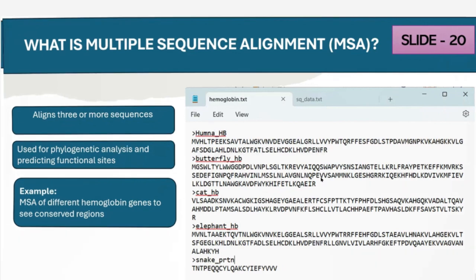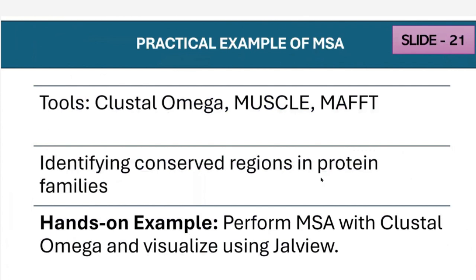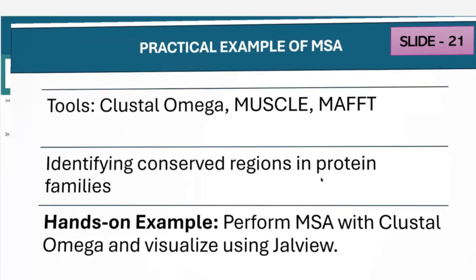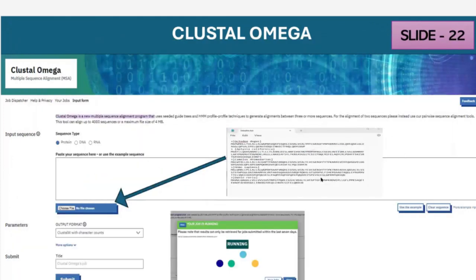In multiple sequence analysis, we have different tools: Clustal Omega, MUSCLE, MAFFT, Clustal W, and so on. There are some other tools too. Here we will go to Clustal Omega and MUSCLE. Clustal Omega and MUSCLE have almost similar interfaces.